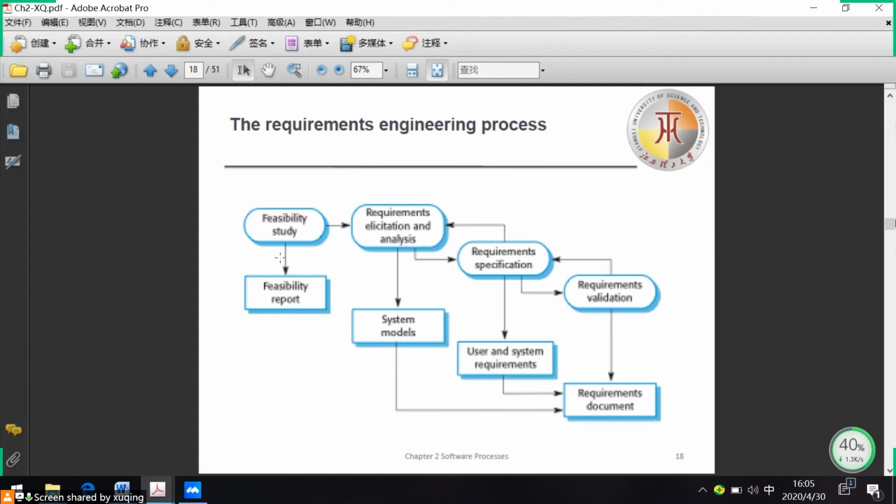These 4 activities have corresponding objects like feasibility report, system models, user and system requirements document. Also between them, there are some interactions. We should make clear these relationships between these activities. So pay attention to this graphic presentation.